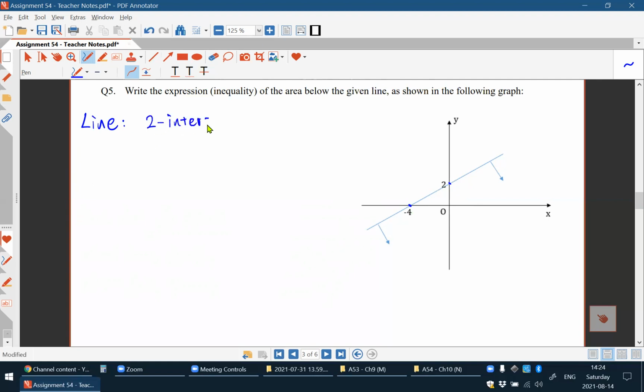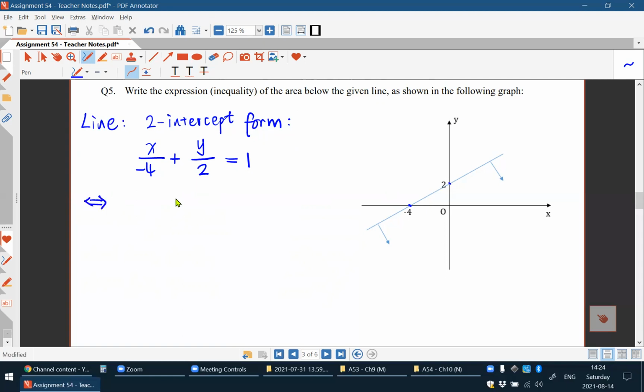The two-intercept form is x over the x coordinate of the x-intercept, which is -4, plus y over the y coordinate of the y-intercept, which is 2, equals 1, right? This is the two-intercept form of the equation of this given line.